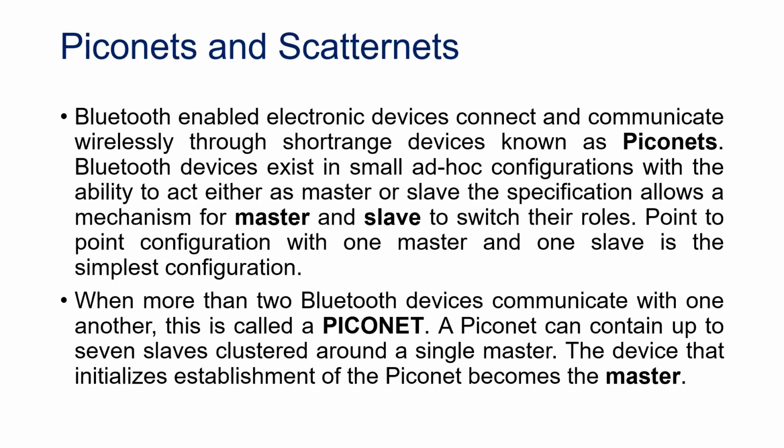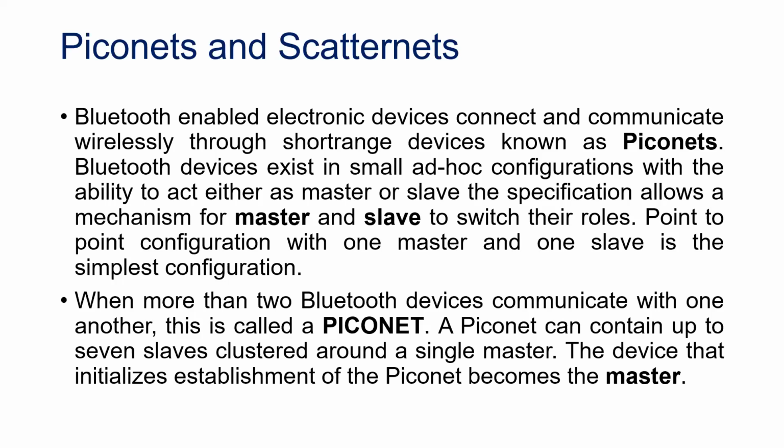Pico means it is very small. This piconet is the basic building block of your scatternet. So you can form big networks by connecting small piconets together in an ad hoc configuration. Such a large network formed out of these piconets is called a scatternet. So basically, the Bluetooth architecture consists of piconets and scatternet. You have to remember this.